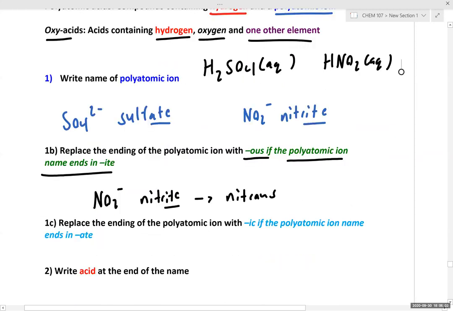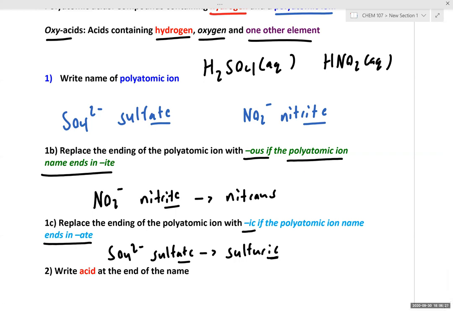As a corollary to this, for SO4 2-, which is sulfate, we replace the ending with IC if the polyatomic ion name ends in ATE. So sulfate, this is a bit of an exception, turns into sulfuric. So you replace the ATE ending with IC. Does that make sense to everyone?